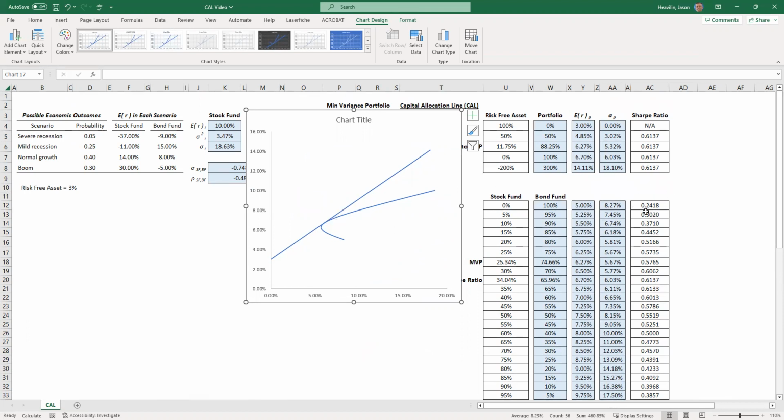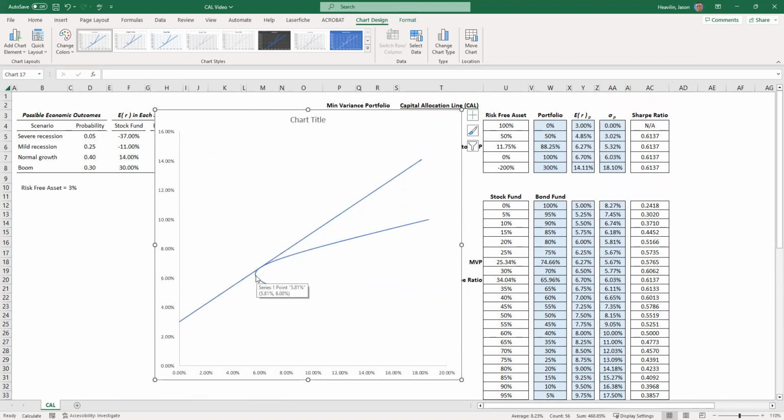And those are this longer table here. The idea is that the minimum variance portfolio is somewhere here. The optimal Sharpe ratio is going to be where this line touches this curve here.